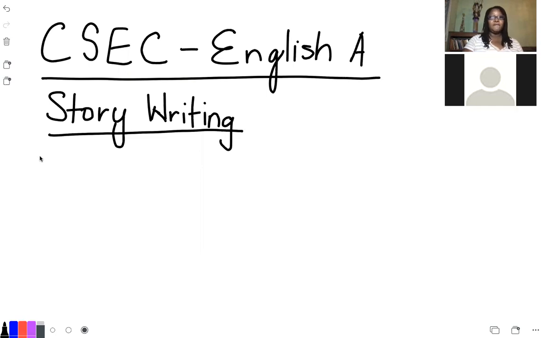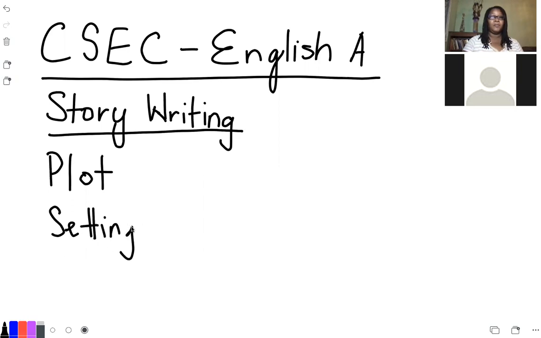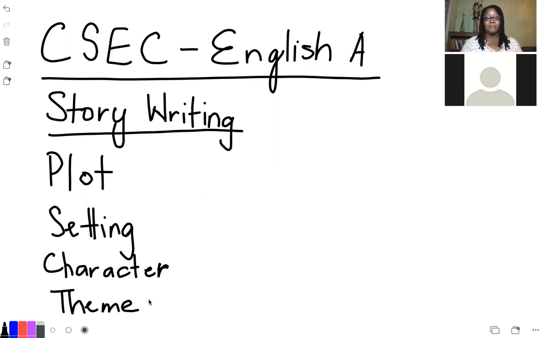Now, the first 4 elements that we always hear about are the plot, setting, character, and theme. We always hear these terms floating around, but what do they really mean?